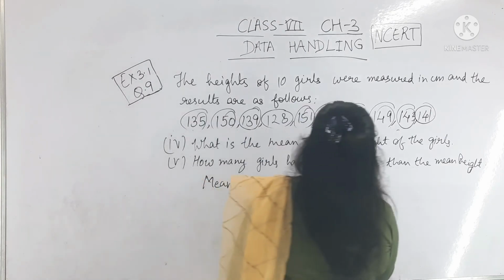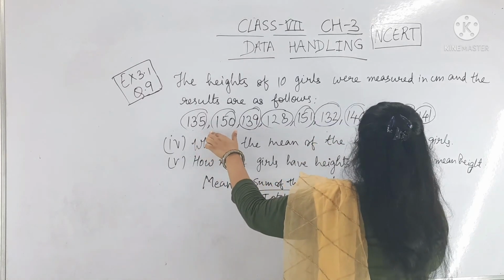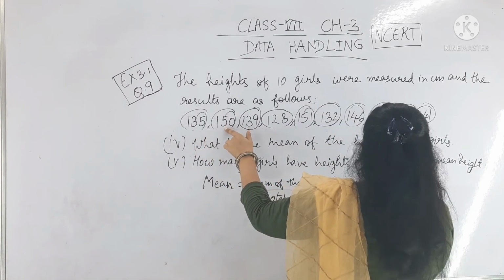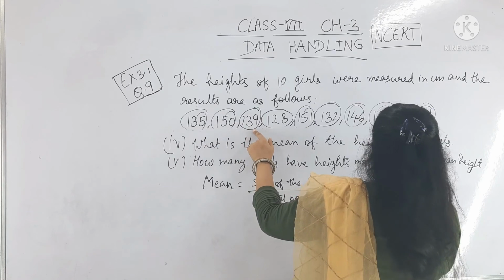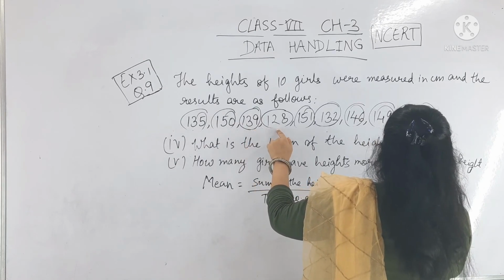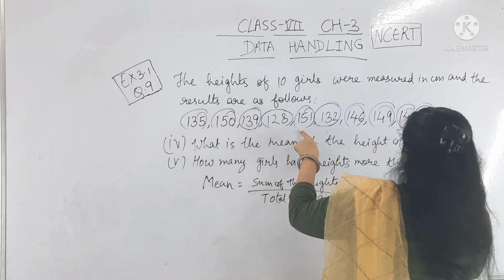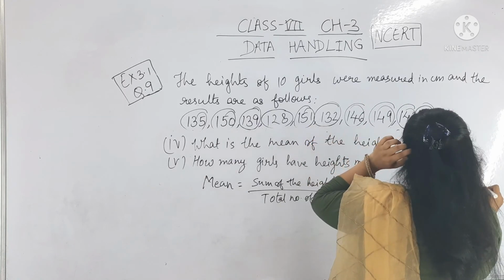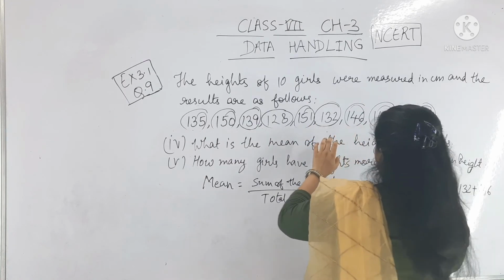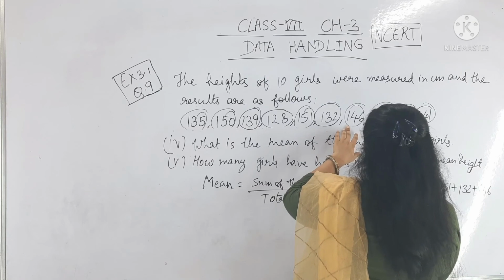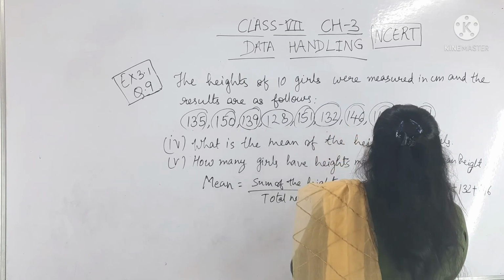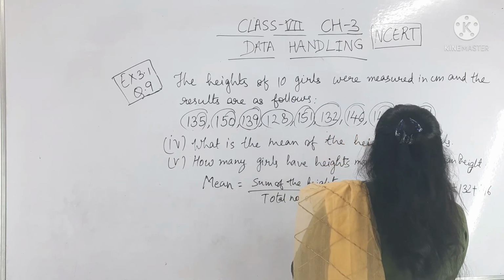So here you have to write like this: 135 plus 150 plus 139 plus 128 plus 151 plus 132 plus 146 plus 149 plus 143 plus 141.